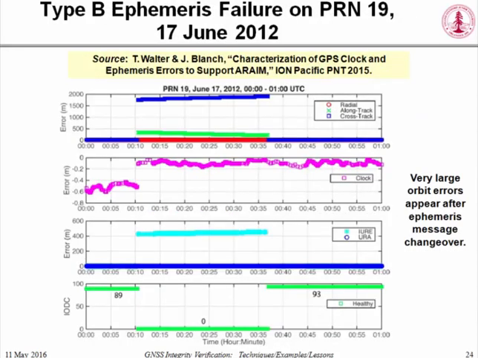More recently, a type B failure occurred. And you can see here, in this case, at a particular ephemeris changeover on a particular satellite, a very large cross-track error occurred.